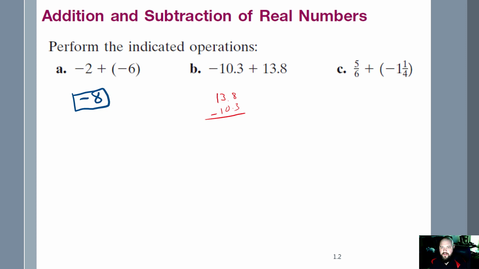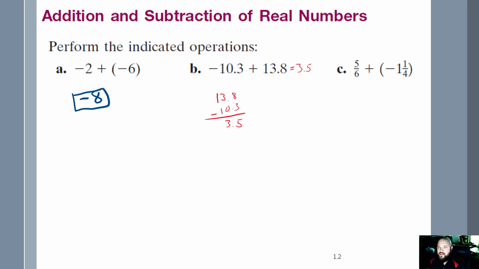So 13.8 minus 10.3 should give us 3.5. And since the larger number is positive, we're going to leave it a positive 3.5.